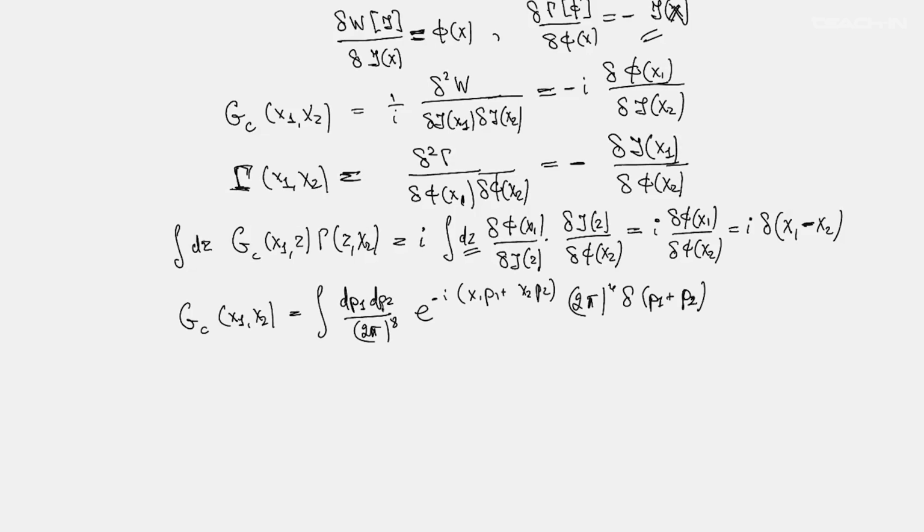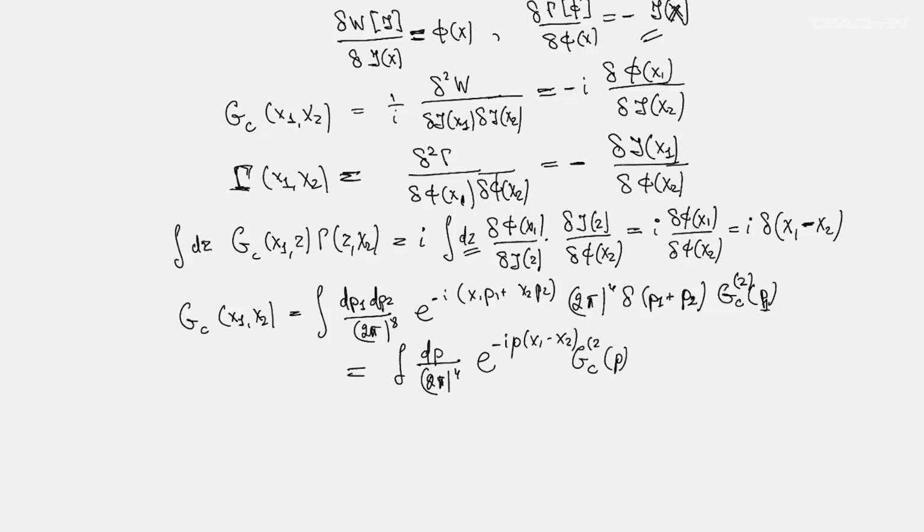Then integrating out one of these delta functions, we will be left over with one integral, exponential minus ip x1 minus x2, Gc on p2, like this. C means connected. C means simply connected.